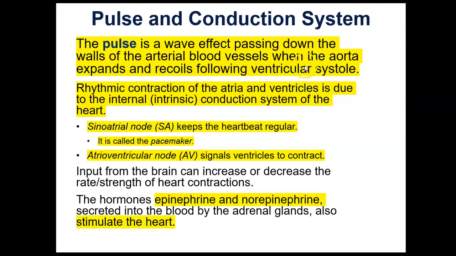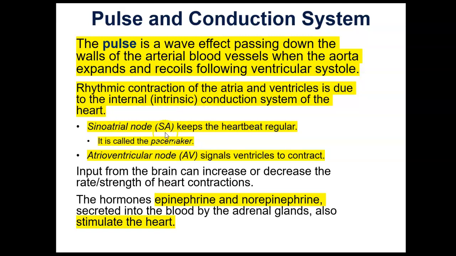So in other words, after the heart contracts, then the aorta expands and recoils, and that's what leads to a pulse. Rhythmic contraction of the atria and ventricles is due to the internal or intrinsic conduction system of the heart.